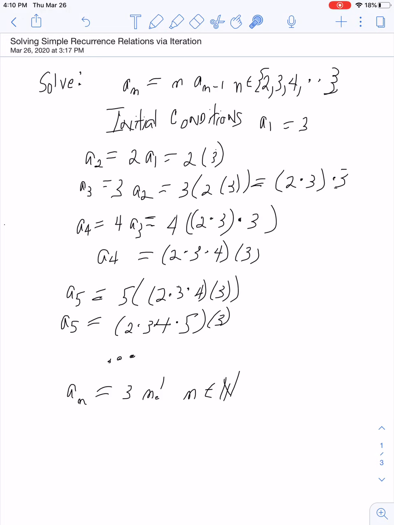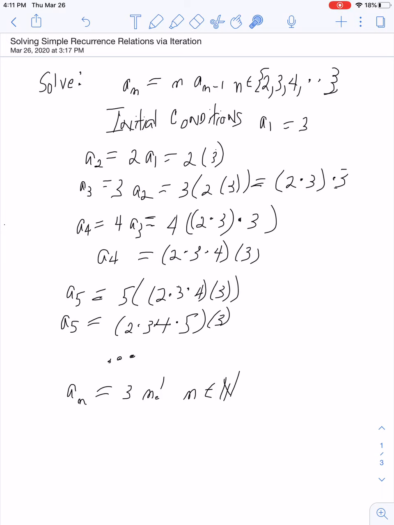Now I'm starting to think that 3 on the far side just goes along for the ride. And I'm trying to think, what's the relationship between that index and that term, 2 times 3 times 4? Well, I go on to a sub 5, and a sub 5 is 5 times a sub 4, which turns out to be 5 times 2 times 3 times 4 times 3.